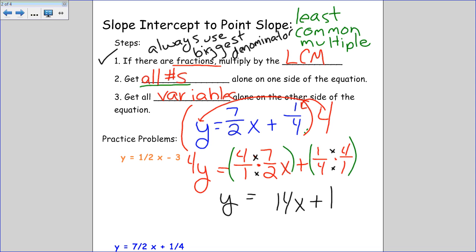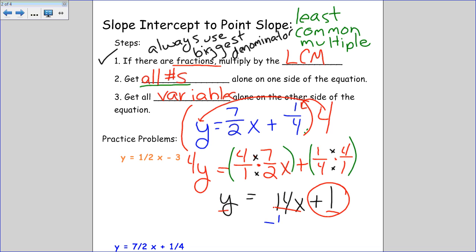Now we need to get all of the numbers alone on one side of the equation. Which of these 3 parts is just a number? Good, my positive 1. So I need to move 14x. If my 14x is positive here, I need to do the opposite to get to the other side.